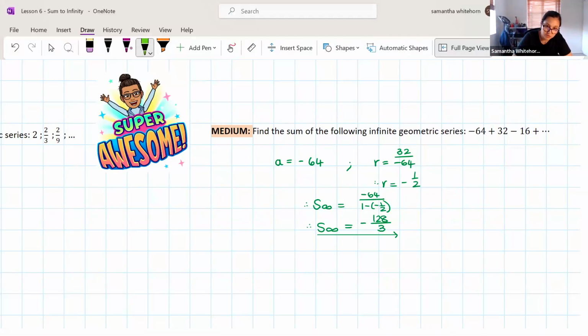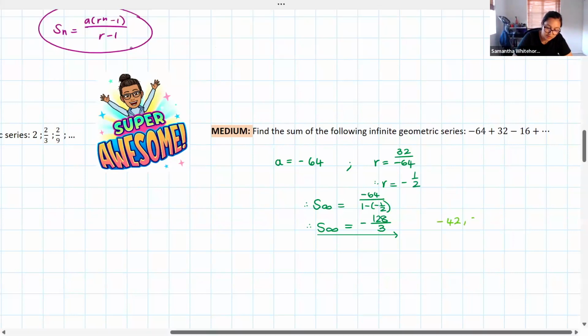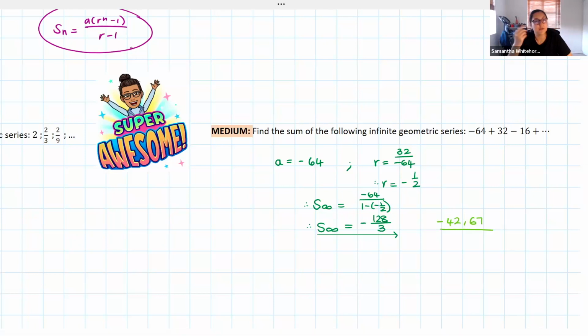Now, some of you I saw on the chat put negative 42,67. That's fine. We did speak about this on Monday. If you want to round off, it's fine. Obviously, just remember that every time we round off, we're creating an estimate. It's no longer the value in its pure full form. So a fraction is always better because it's the most accurate form.